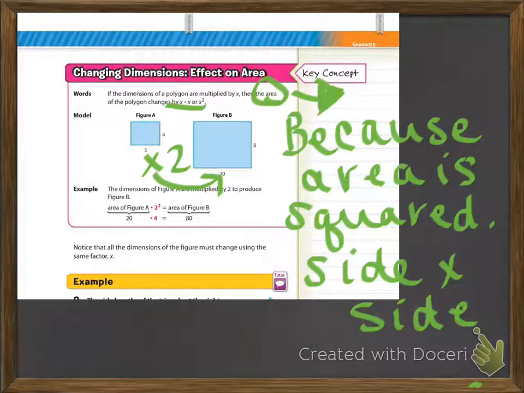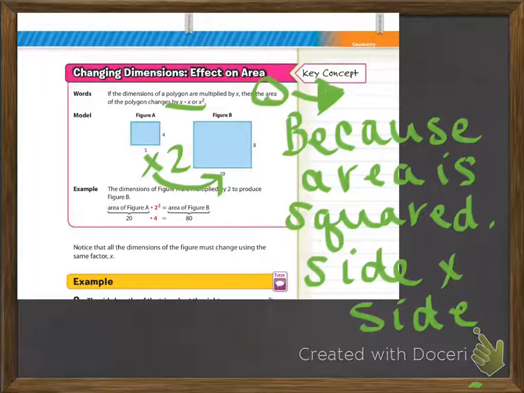Okay, and the other key concept from the page in the workbook, changing dimensions and the effect on area. Again, look at what's circled and underlined and highlighted here. If the dimensions of a polygon are multiplied by x, then the area of the polygon changes by x times x, or x squared.